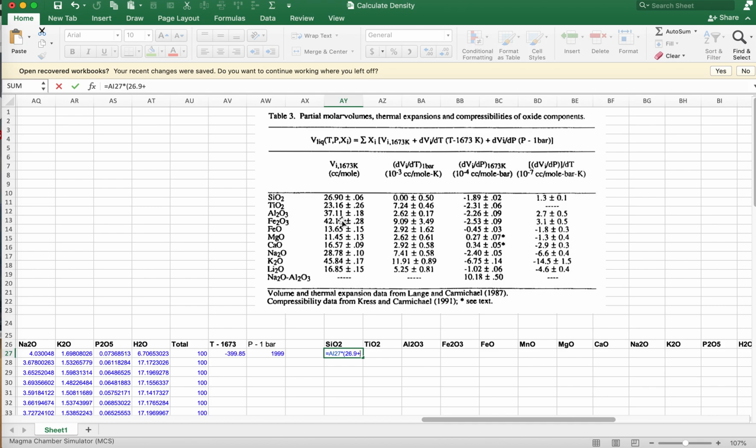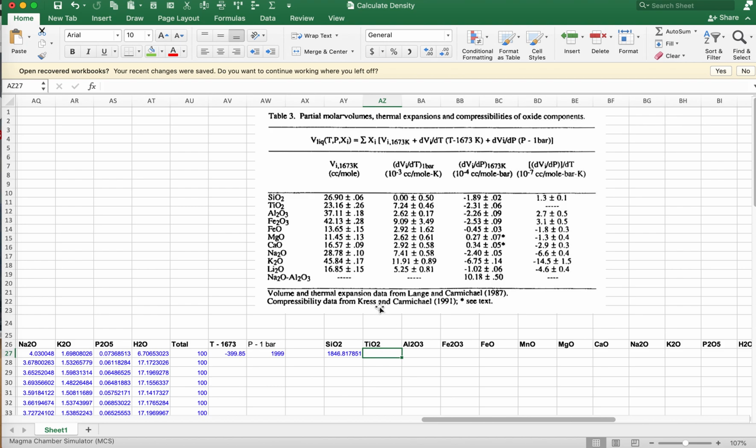And then plus dV dt, that's 0. We don't even have to add anything else there because it's just 0, plus dV dP, which is minus 1.89 times 10 to the minus 4, multiplied by the difference in pressure, P minus 1 bar, which is there. So now we're taking advantage of that column, close the parentheses, and hit return, and we get this value of 1846.